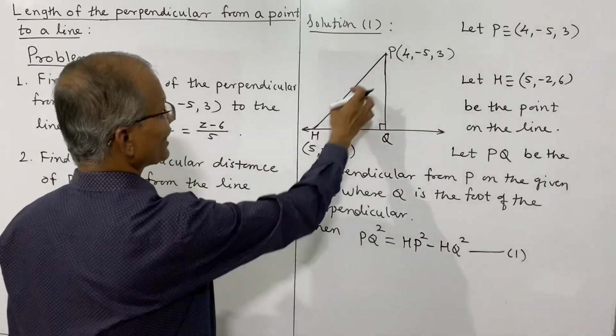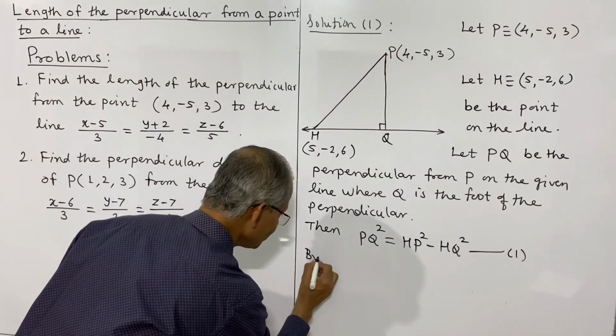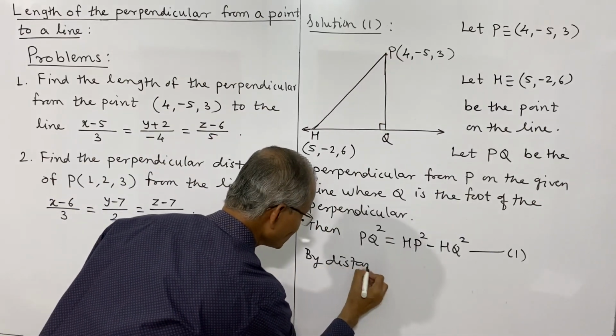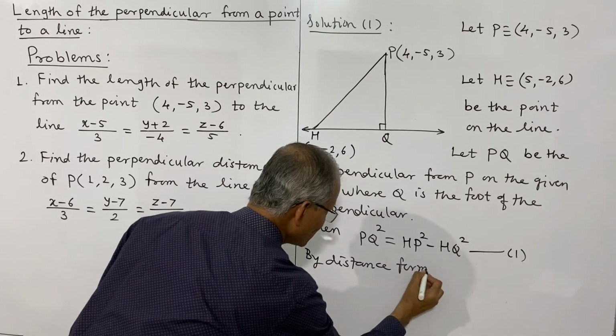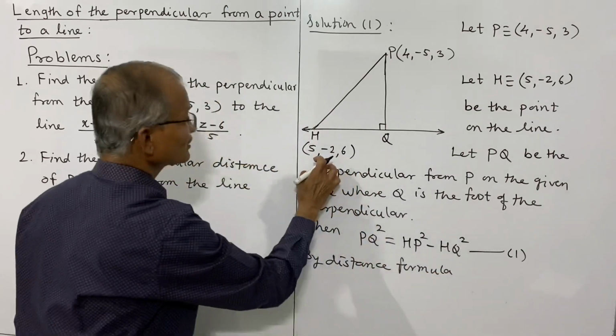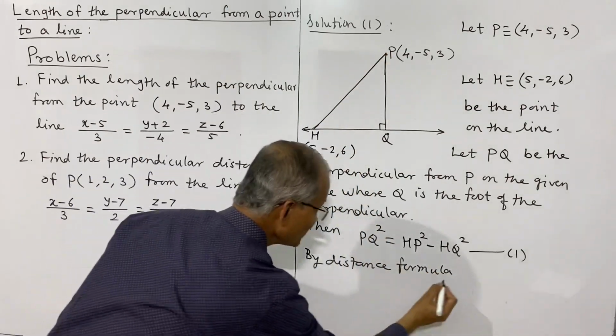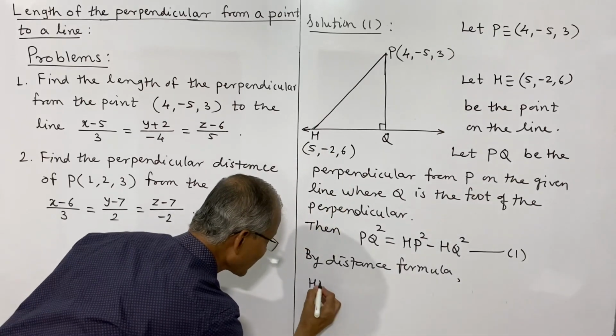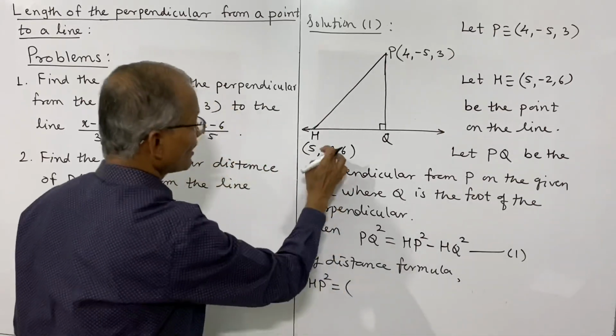Now we shall find out HP by the distance formula. See the coordinates of H and P. So HP square is (5 minus 4) square plus (-2 plus 5) whole square, and next (6 minus 3) whole square.